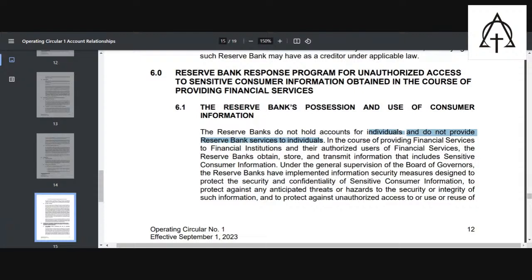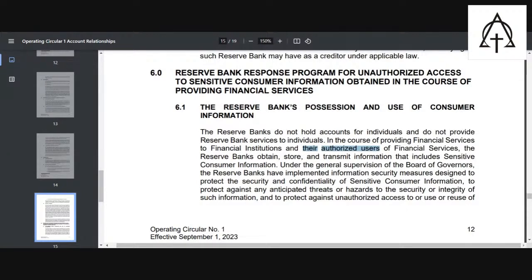The presumption. In the course of providing financial services to financial institutions and their authorized users of financial services, the reserve banks obtain, store, and transmit information that includes sensitive consumer information.